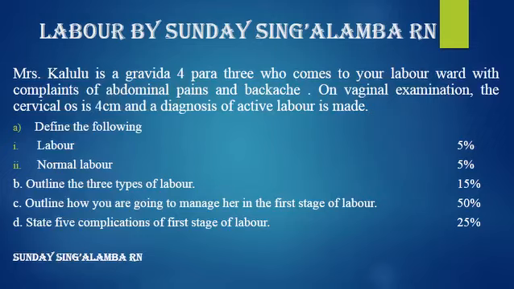When defining normal labor, your examiners would require you to mention spontaneous, term, vertex, time, and also the complication. These are the 5 terms that your examiners will look out for.